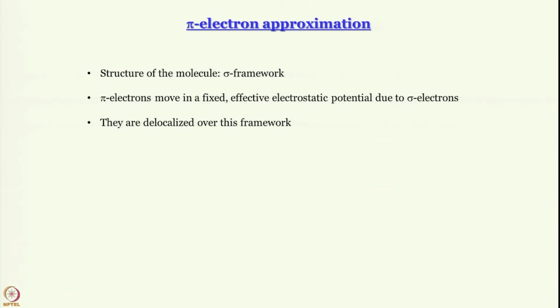The electrons are supposed to be delocalized over this framework. In our earlier discussion of ammonia, for example, we have said that delocalization is the biggest strong point of molecular orbital theory. So, there is no reason why we should give up on this unique advantage that this theory offers us, right.